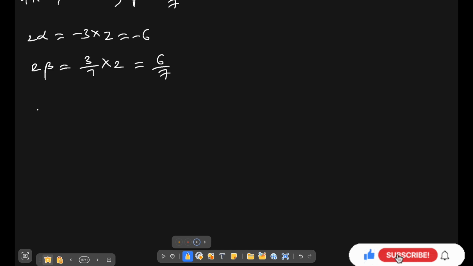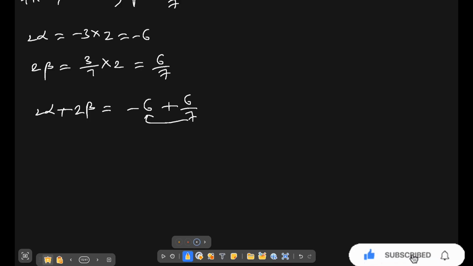Sum of the zeros: 2 alpha plus 2 beta. So 2 alpha is minus 6, 2 beta is 6 by 7. To make the denominators equal, minus 6 by 1, we have to multiply with 7 by 7.